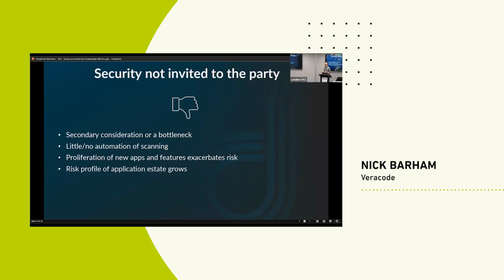The risk and the estate grow, and also twin this with the emergence of many more security incidents becoming publicly reported. International press, regulatory attention, and record fines mean that it is more visible now than ever.